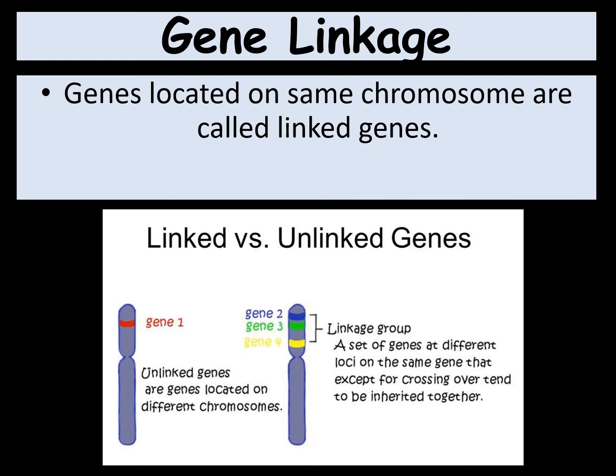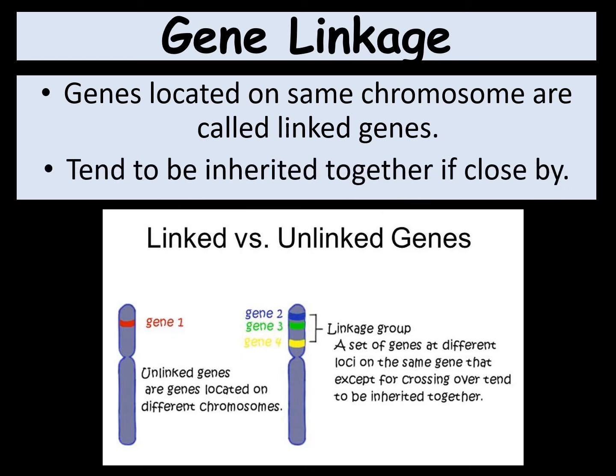And so a lot of times, if different genes are very close by on a chromosome, when they go to be put in the gametes, either egg or sperm, they'll all go together because they're so close to one another on the chromosome. So they won't independently assort and they won't segregate. So again, this kind of violates Mendel's laws of segregation and independent assortment.